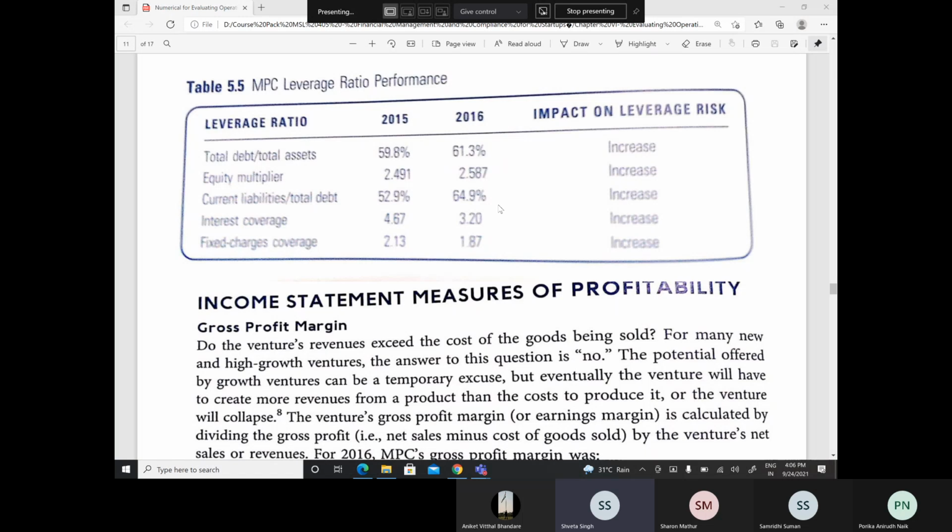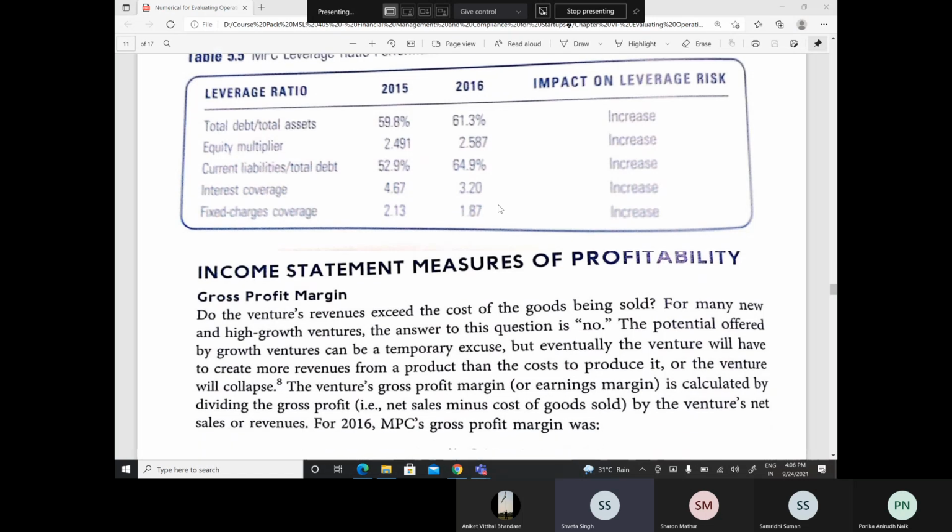The interest coverage ratio has actually come down, which is again an alarming situation. Okay, and it has increased in the leverage risk. The fixed charges coverage ratio has also come down, which again increases the leverage risk. So just by highlighting the values of these 5 ratios, we are able to see whether the company is becoming riskier or is it a safer investment for the promoters and investors.